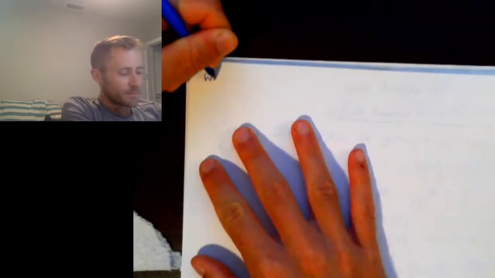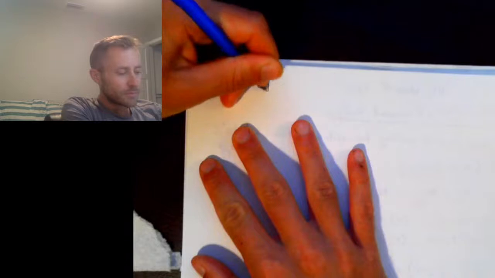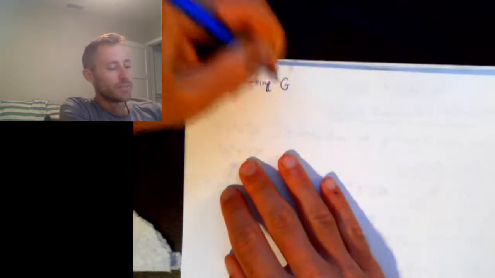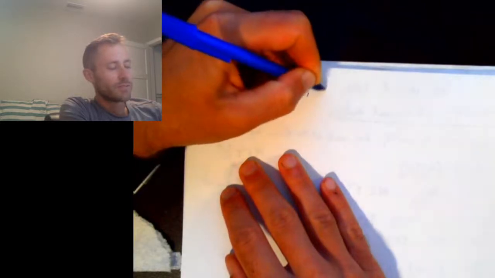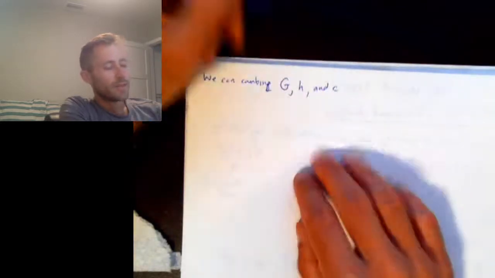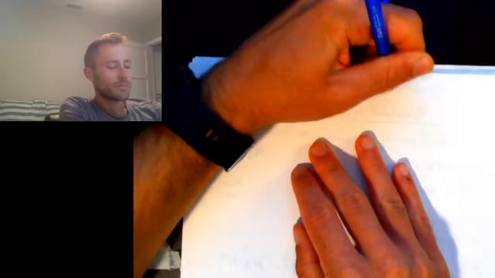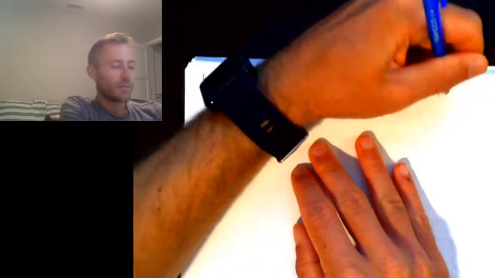Okay, so we can combine big G, H, and C in such a way that they have units of length.